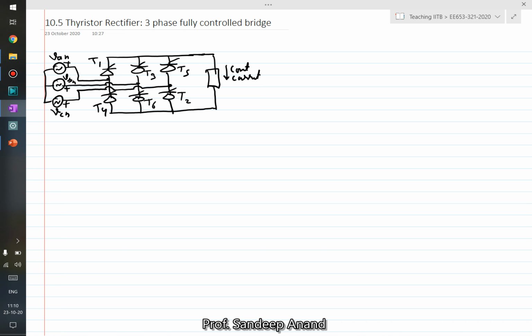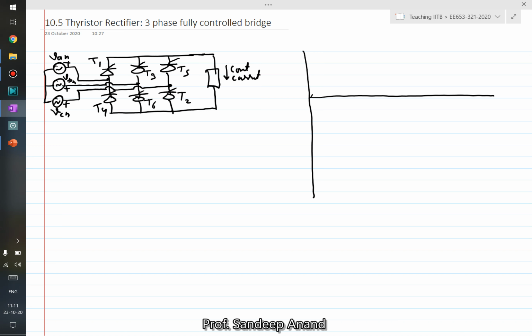So I would also show you what is the relevance of using this nomenclature for thyristors. So let's start drawing the waveforms that would make it a little bit clear as to why people name it the strange way instead of going straight forward 1, 2, 3, 4, 5, 6.